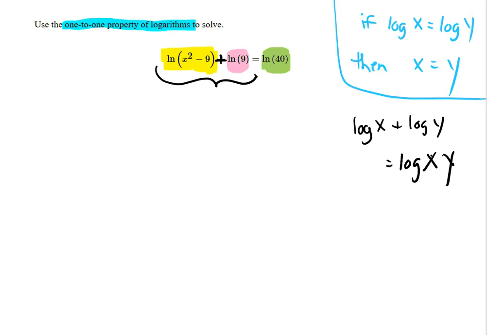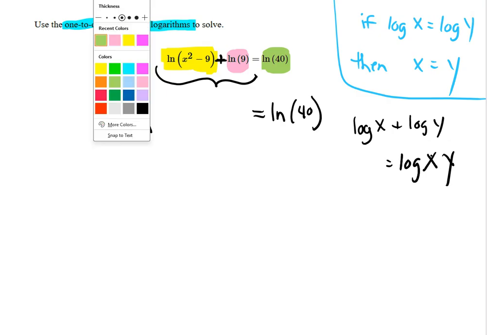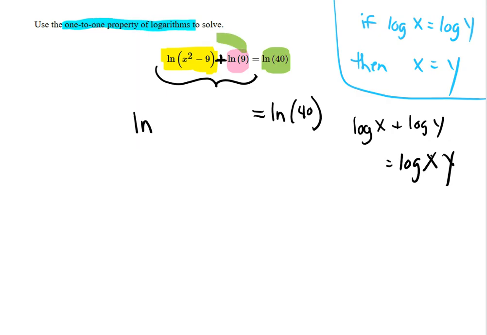So I'm still going to have the natural log of 40 on the right side, and on the left side I'll have the natural log of the 9 multiplied by the x squared minus 9.